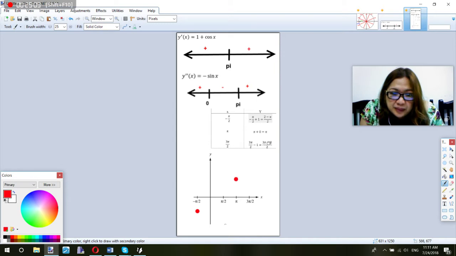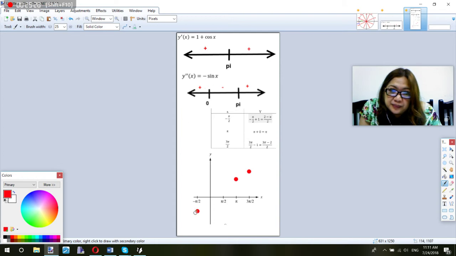And when x is 3 pi over 2, I'm going to be a little bit larger than that. From negative pi halves, the start of my interval, to pi, I've got to go to 0 because I've got a break here.